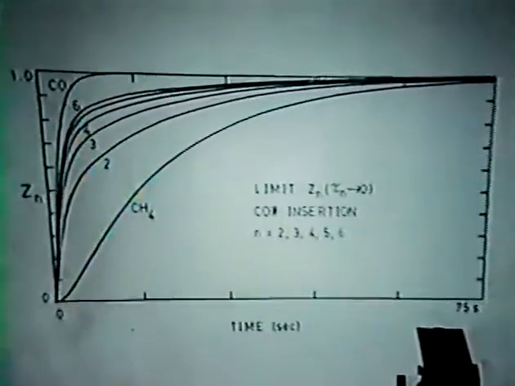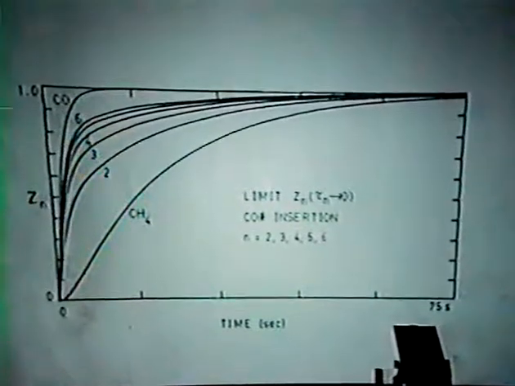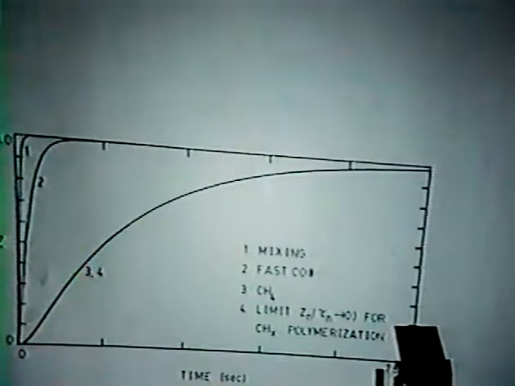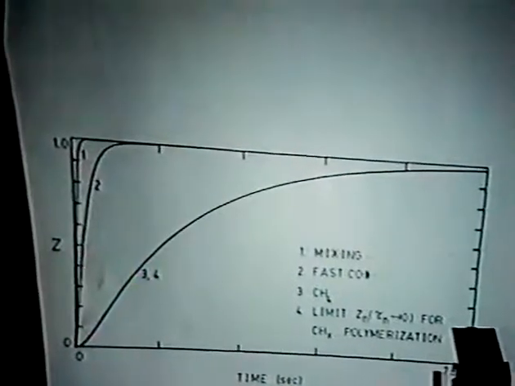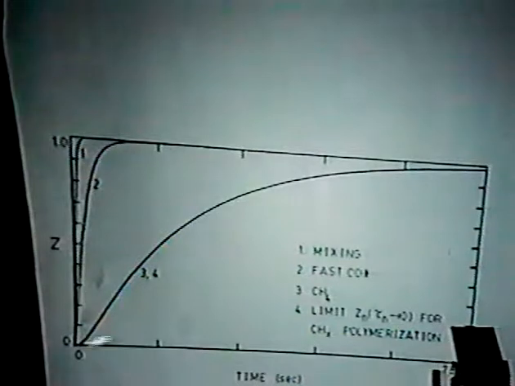Now I might just mention that either in this case or the previous case, maybe the previous case is easier to look at, we can of course easily do calculations where we would say that we don't have this limit here. We can say there are certain quantities of the various chain fragments on the surface, and that would always make the response curve come below this methane curve here.